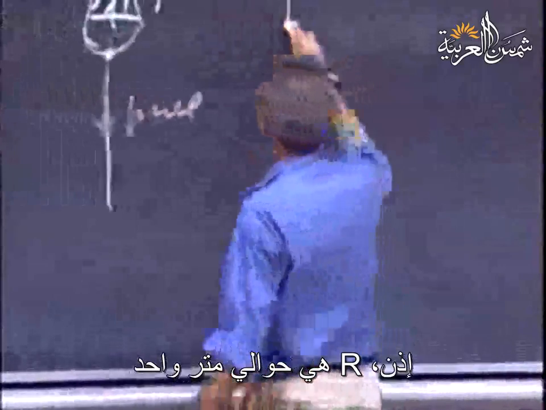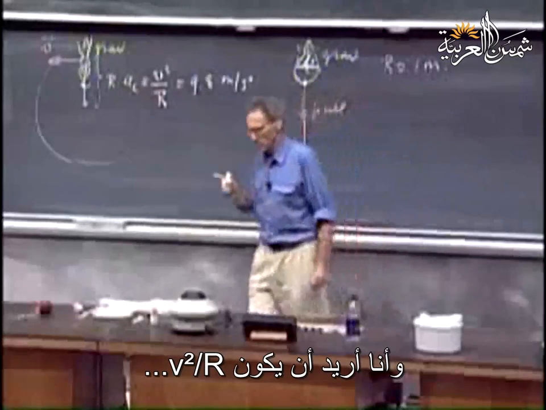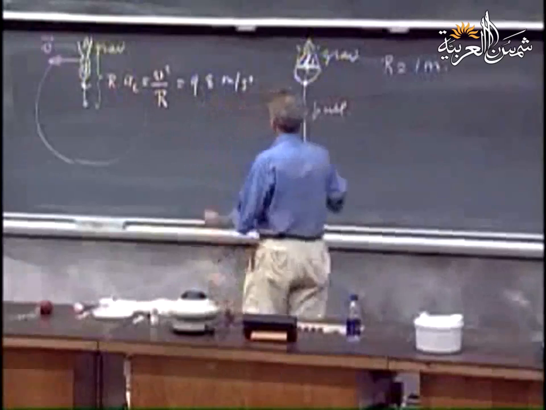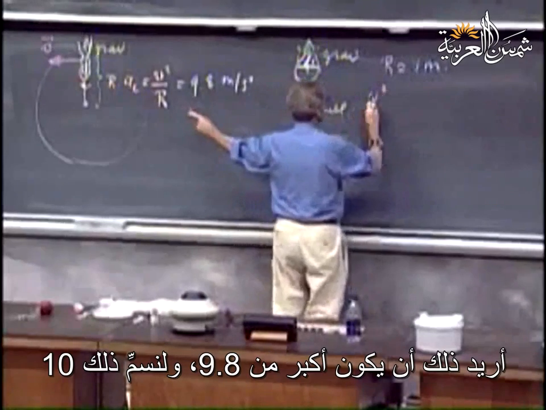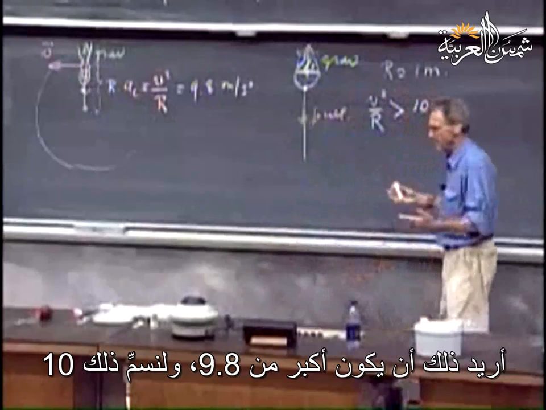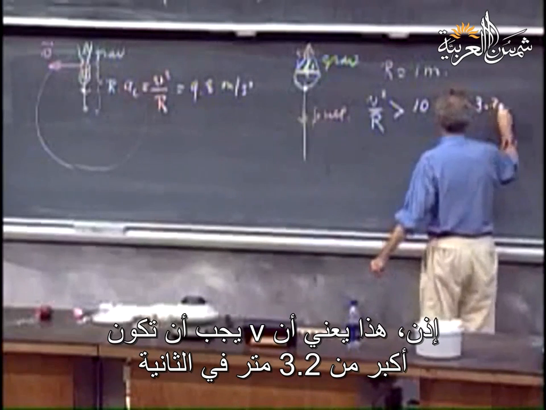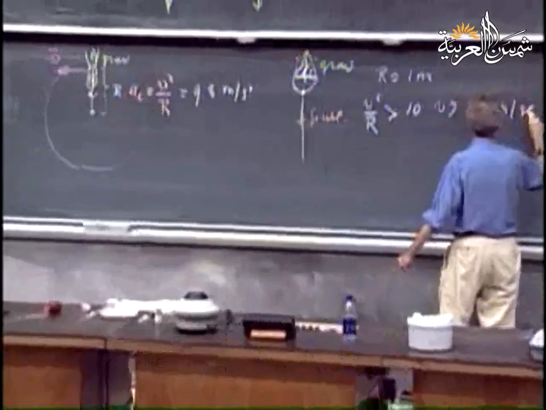Just round some numbers off. So R is about 1 meter. And I want V squared over R to be larger than 9.8. Let's just call it 10. So that means V has to be larger than about 3.2 meters per second.